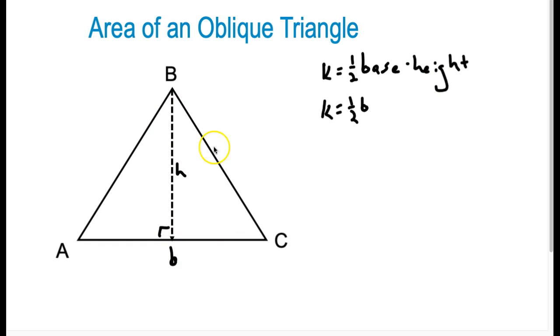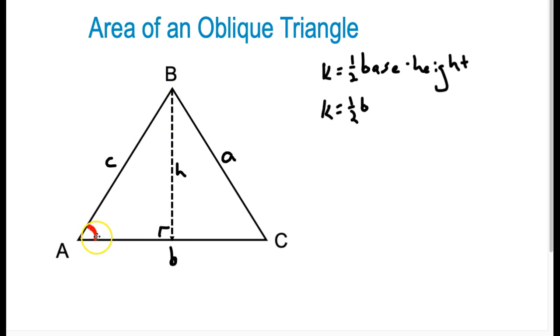Well, we also know that this would be side C, if this is the side opposite angle C, and then this side over here we could call side A because it's opposite angle A. We've already looked at this a little bit. If we want to find the height here, I know angle A and I know side C. What we can do is think about this right triangle that we created by dropping this height down.